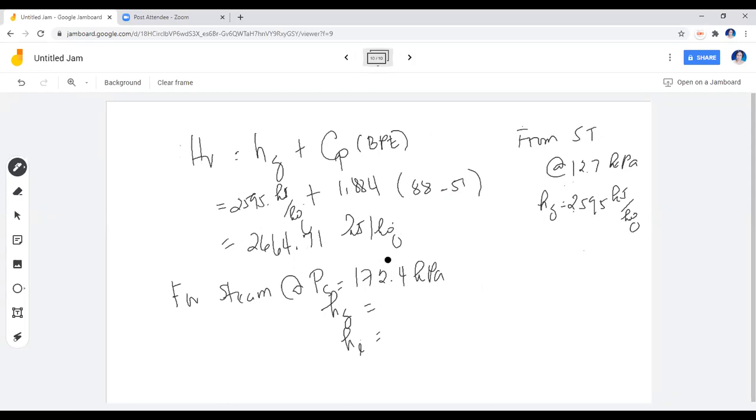Your saturated vapor enthalpy will be 2,700 and your liquid would be 483. That's for the indicated pressure here. These are both in kilojoule per kilogram.